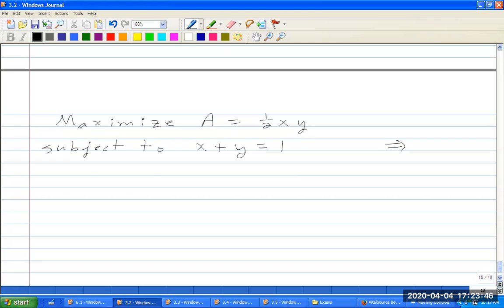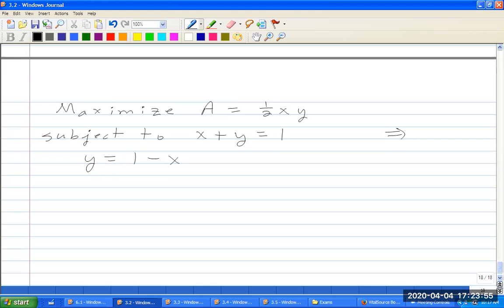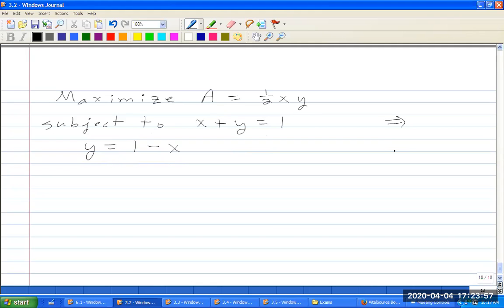Subtracting x from both sides, y equals 1 minus x. Let's substitute 1 minus x for y and multiply the 1/2 x inside the parentheses.